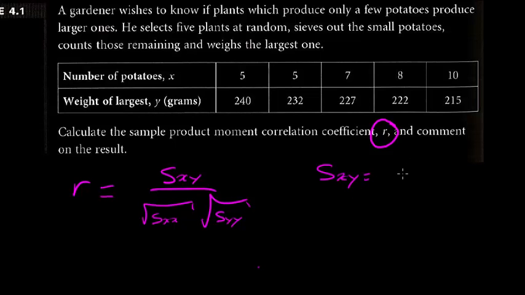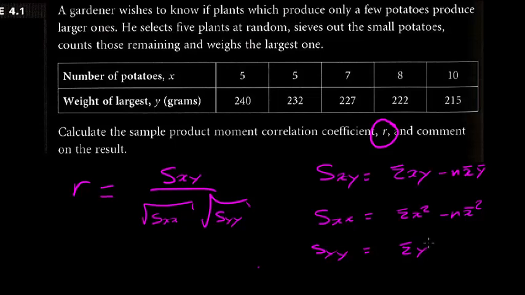So Sxy is sigma xy minus n x bar y bar. Sxx, you all know from standard deviation, is sigma x squared minus n x bar squared. Syy, you should be able to work out. And anyway, you've already seen the video before this talking about what all these are. And so this gives us our product moment correlation coefficient.